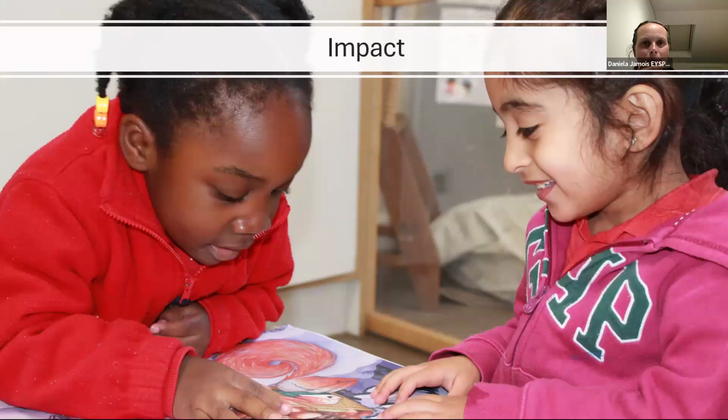So the impact of this is that if we spend a long time developing our interactions and making sure that they're of a high quality by sharing attention, by responding, by extending, and by conversing, we're then teaching children those skills so that they can take them away and use them independently.